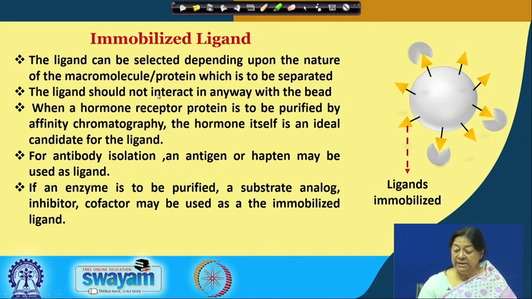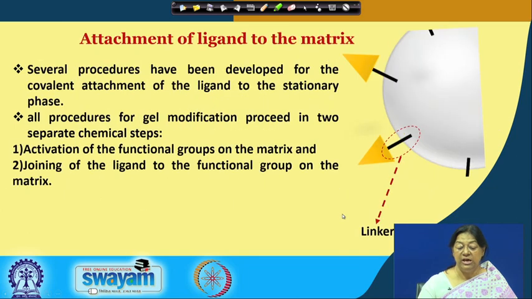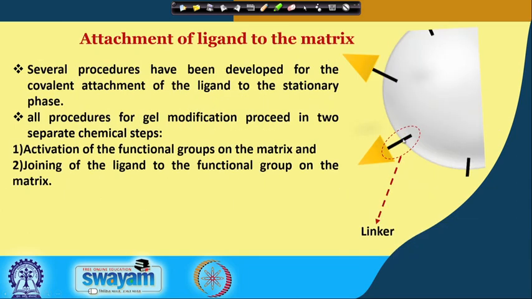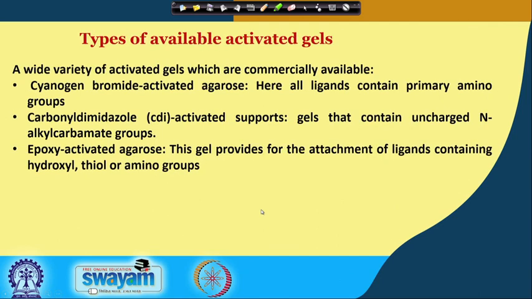The ligand itself should not interact with the bead. If the protein is an enzyme, we can have a substrate analog or the substrate attached, and our enzyme of interest is attracted to the specific ligand. Here is our linker, and specific linkers have a long arm, the ligand is attached to it, and our protein is attached to this.